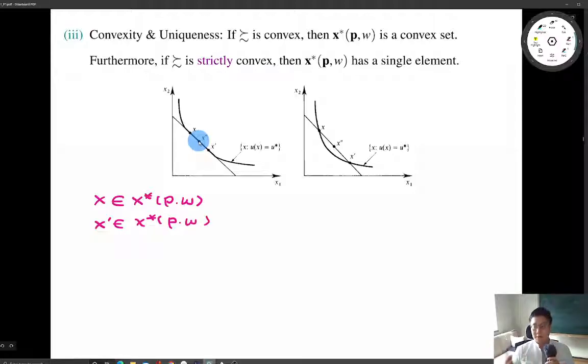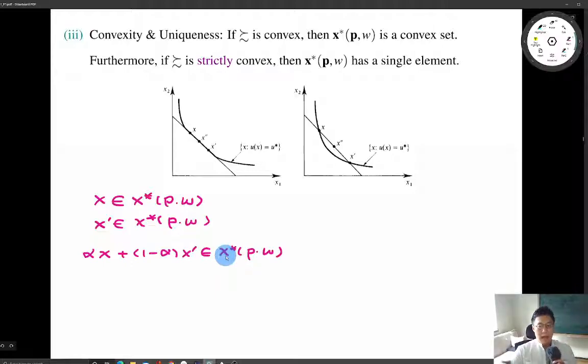Then convexity implies any average bundle, where the consumer mixes these two bundles with weight alpha, is also an optimal bundle. So it is consistent with the definition of a convex set, the definition that x star is a convex set. If we have one element and another element, then any weighted average is also an element of the set.